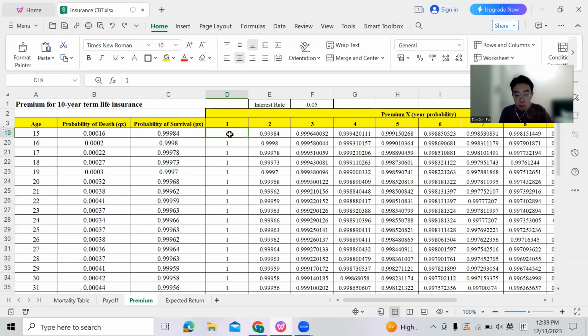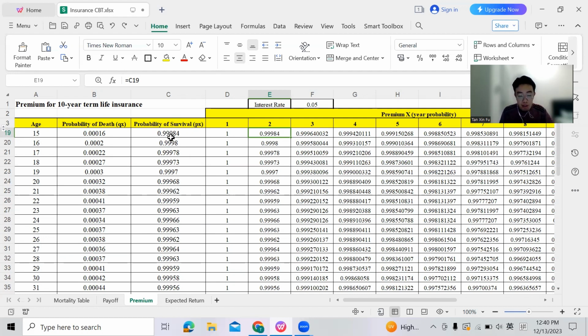So the probability for the first year should be 1 because all the policyholders should pay the premium after they purchase the insurance. In the second year, the policyholder has survived for 1 year, so the probability of paying premium equals the probability of survival for 1 year.